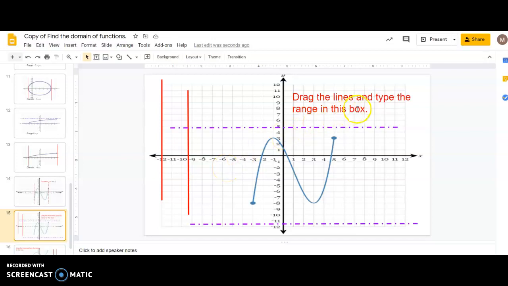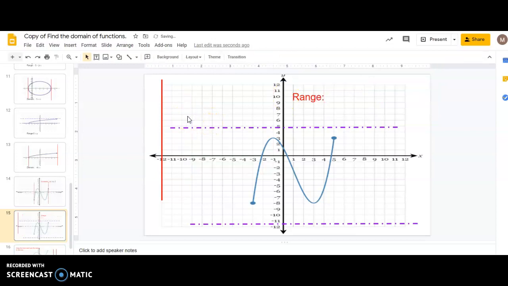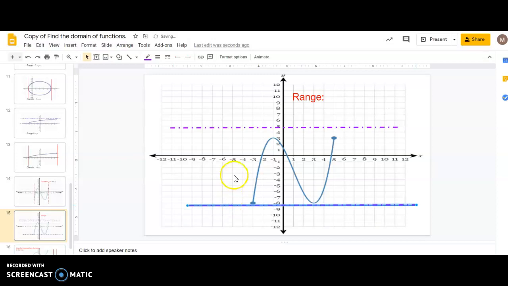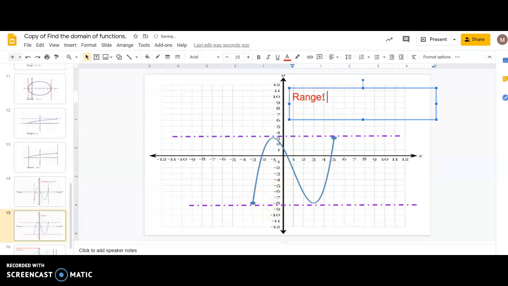Try the range. Which lines are you going to erase? So for this one, I'm going to erase the vertical lines because the vertical lines are for domain. And I'm going to draw my horizontal lines. What is the lowest it goes? And what is the highest it goes? So we're down here at -8. So the range starts at -8.